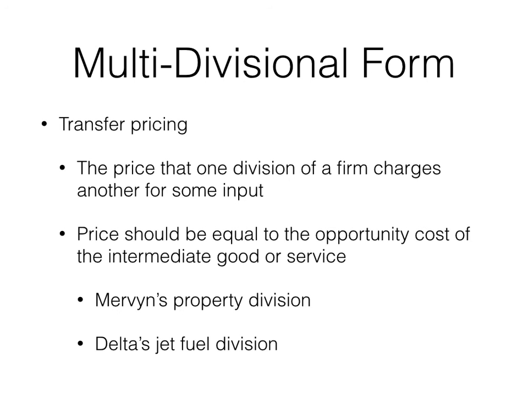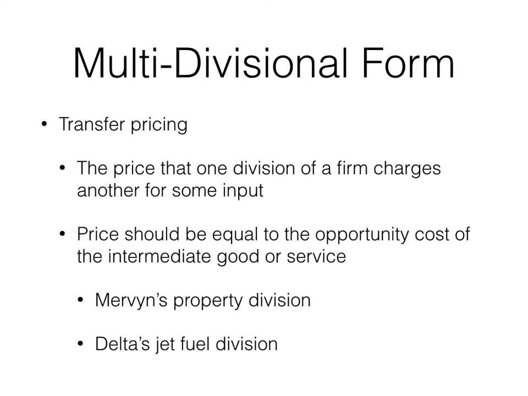The toner division is run as a profit center, and it should be, because there is an external market for the toner. The company is maximizing profit not only across the printer, but also the printer and the toner. So it wants to maximize profit by charging the printer division the market price for the toner that it sells to the printer division. That would be one example of this.